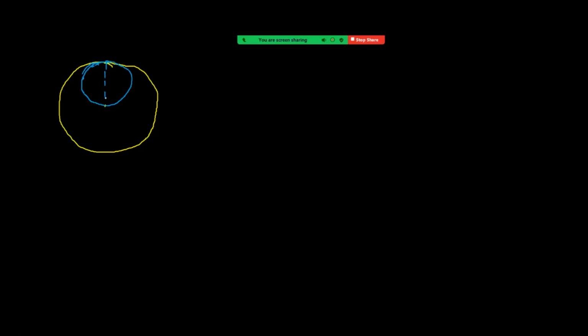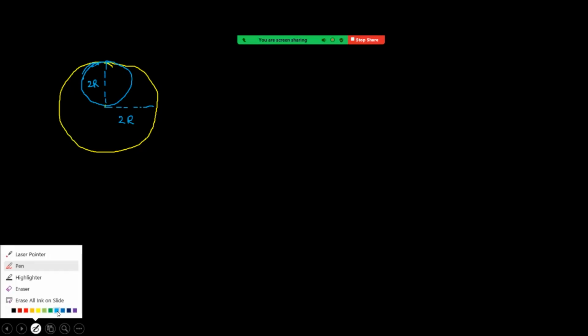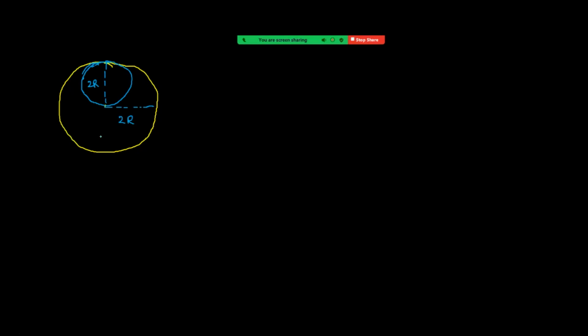So this is given as R and this is also R. Okay. 2R and 2R. So we have to find now the moment of inertia about O and about P for the remaining part. So again, same as the previous one, just making the calculation twice.